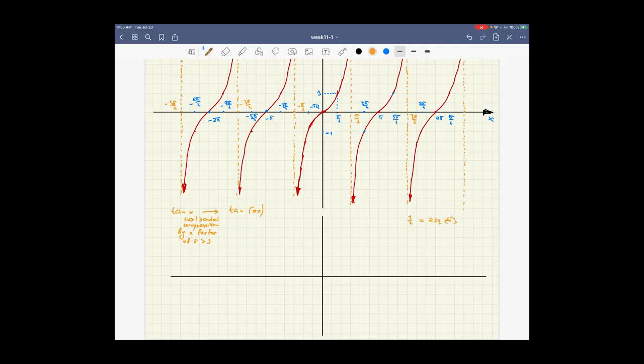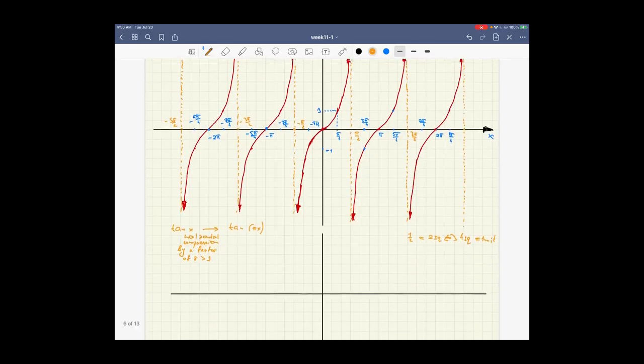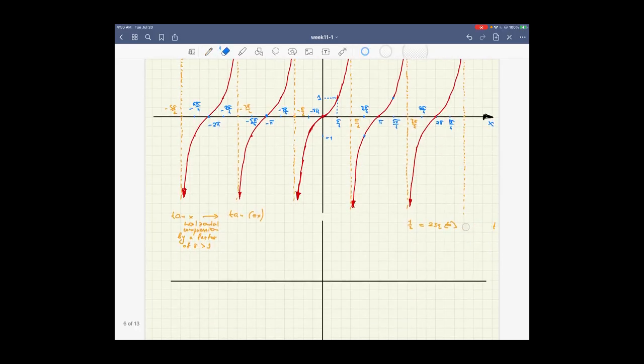So in particular, 4 squares is 1 unit. Up here I had 6 squares as pi, so 1 square was pi over 6. So in my situation, 1 square will be 1 over 4.